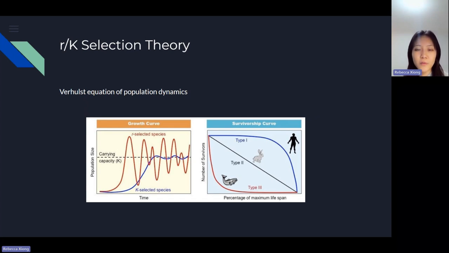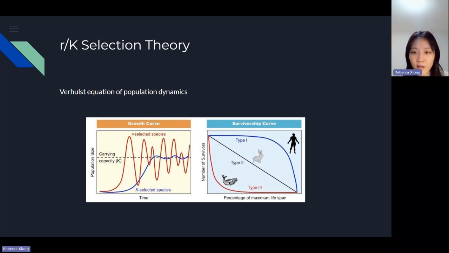That's, for example, things like mice. The opposite would be K-selected species, which have lower numbers of organisms that can be supported and longer gestation times, and they are usually larger organisms that require more resources in general to stay alive and more energy.